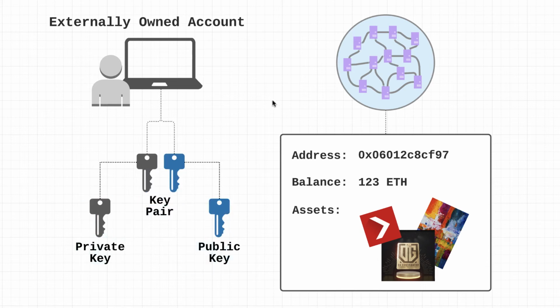Whenever you download an Ethereum wallet and you create a new account, the app in the background is just going to automatically create these key pairs for you. Most apps don't even show these to the users because, to be honest, there's really never a need for the user to interact with these directly. But as developers, it is useful for us to know what's going on behind the scenes. So that's why we're taking a video and learning a little bit more about them.